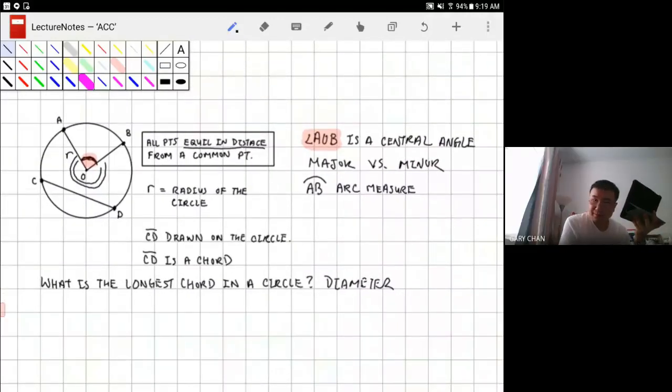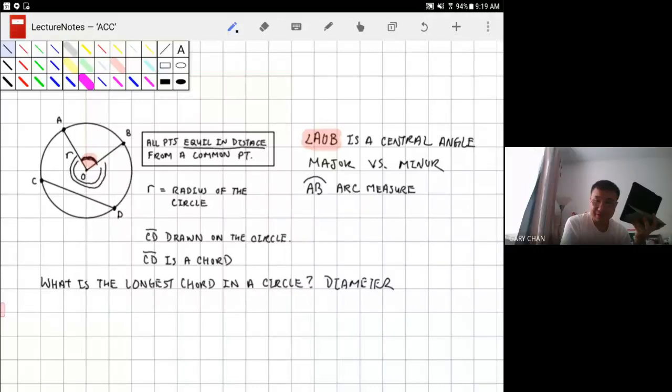So the arc measure, we can actually talk about it measured in two different ways. There's something called radians, and then there's something else called degrees. And we all know what a degree measure is, right? In a circle, how many degrees are there? 360.